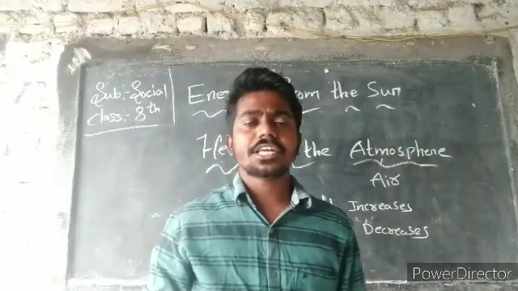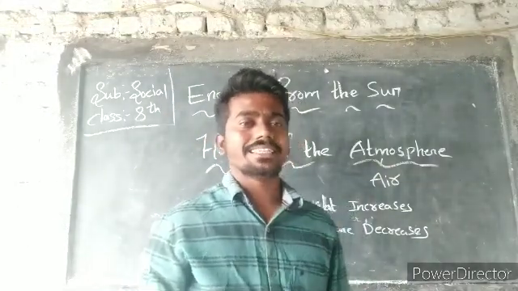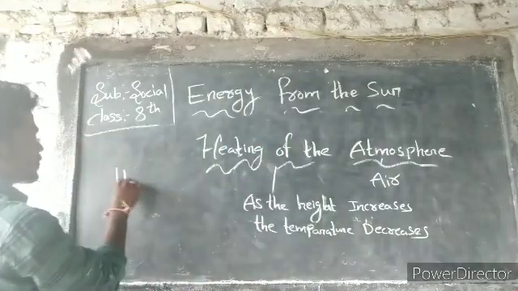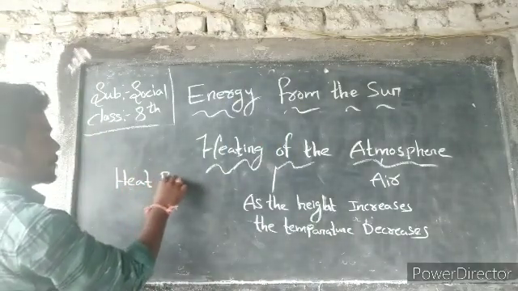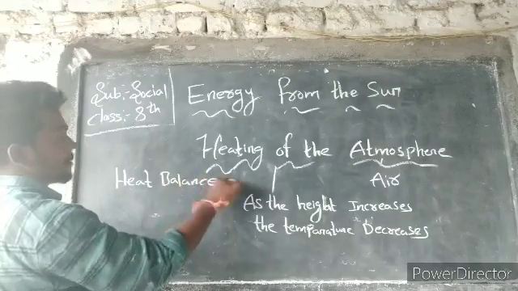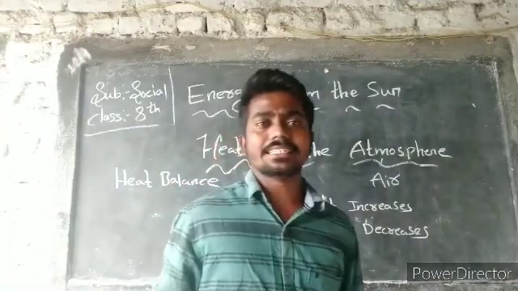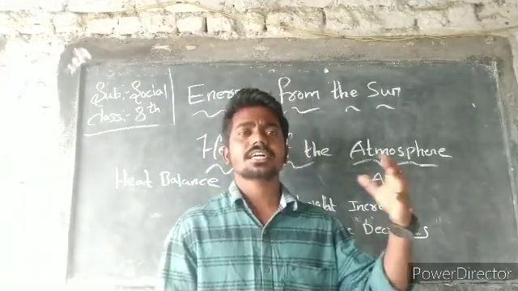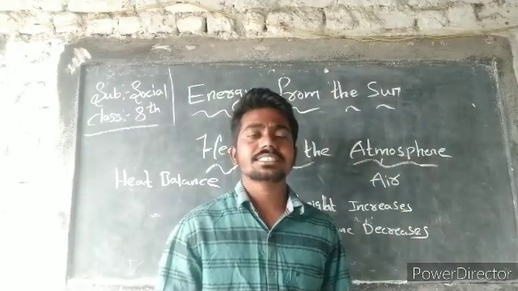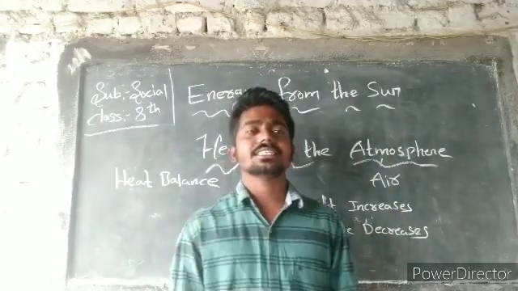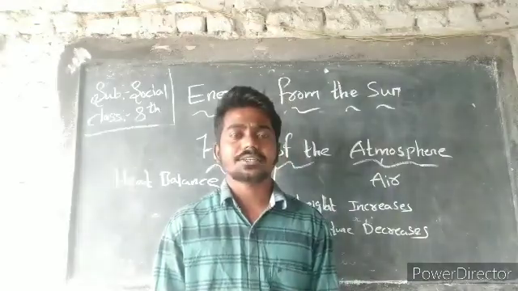Okay, coming to the next topic, heat balance. The heat which comes from the sun towards the earth is reflected back in different ways. You can see the picture.